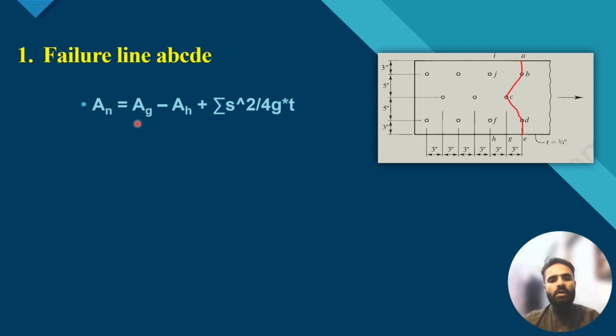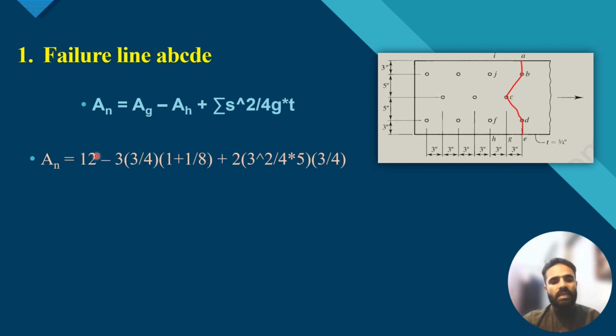So what is the gross area? We discussed in the last slide, it is 12 inch square. How many holes occur in the failure path? There are a total of 3 holes in the failure path. The thickness of the plate element is 3 by 4 inch, and the diameter plus the tolerance is 1 plus 1 by 8 inches.